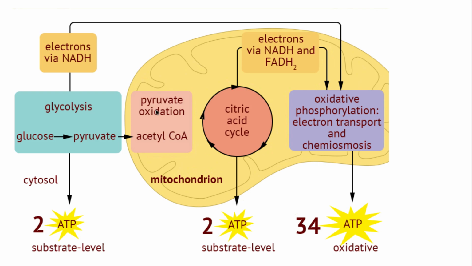That's called pyruvate oxidation. And acetyl-CoA joins the cycle where there is already a 4-carbon molecule present, and the whole objective of this cycle is to regenerate that 4-carbon molecule. This cycle is called the citric acid cycle or the Krebs cycle.